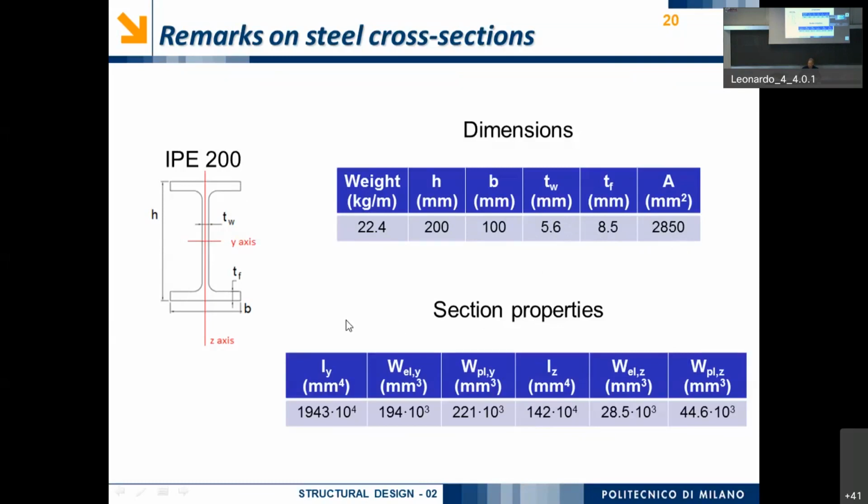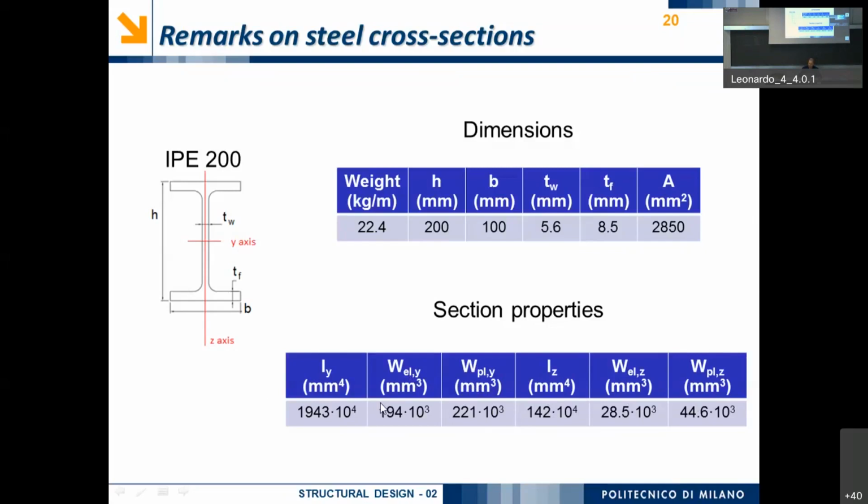But of course, I have two main axes, horizontal and vertical axis of behavior passing for the center of the beam, and with respect to this axis, I can evaluate the inertia moment with respect to the two axes, the elastic coefficient we have denoted as WEL with respect to Y and Z axis, and also the plastic coefficient, WPL with respect to Y and with respect to Z.